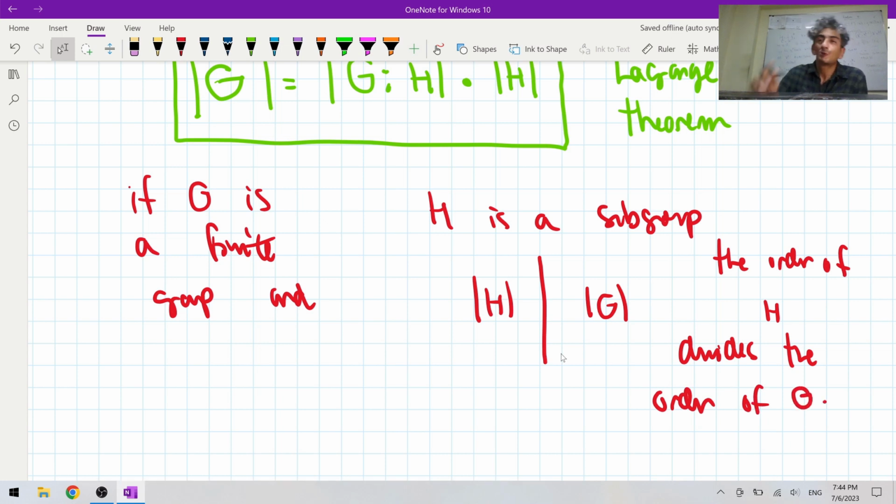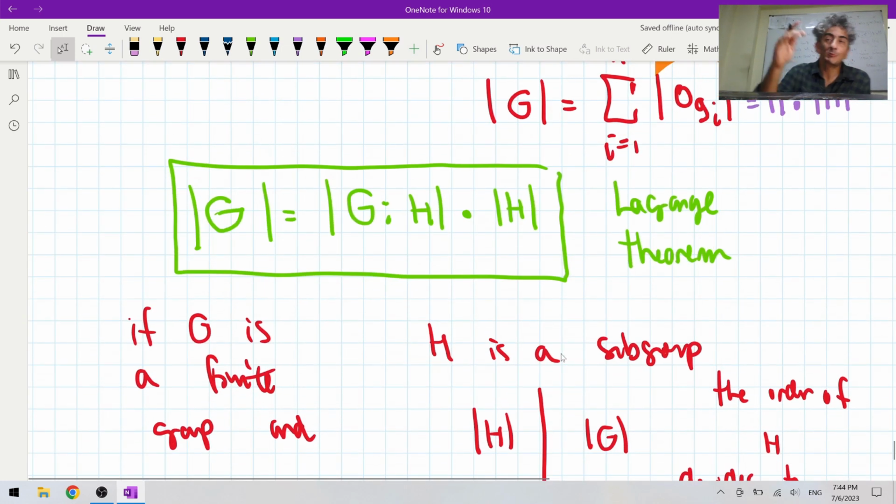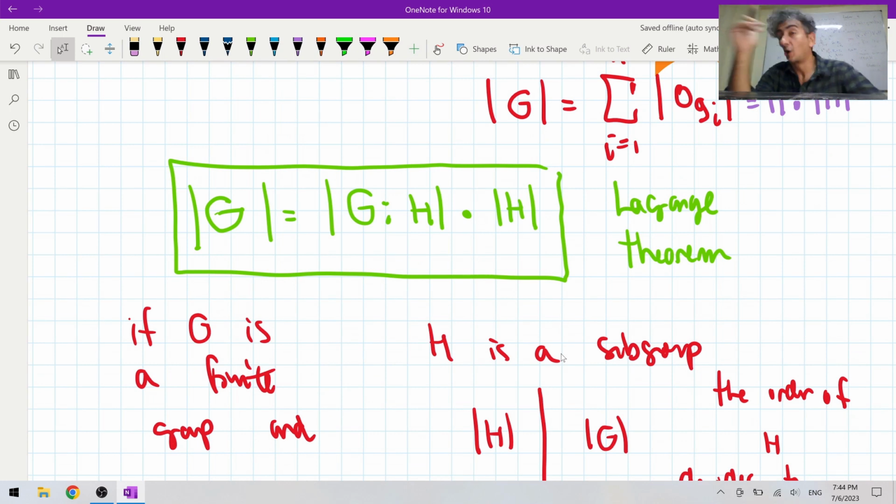So subgroups are very special objects, okay? Since they need to be closed under the group operation, closed under taking inverses, and contain the identity element, they cannot have any shape without structure. All those constraints make subgroups very special subsets.